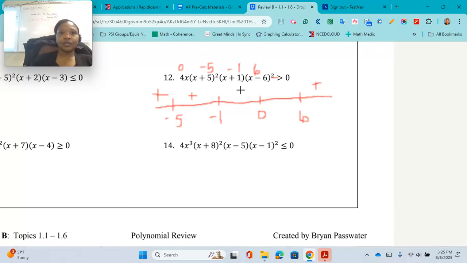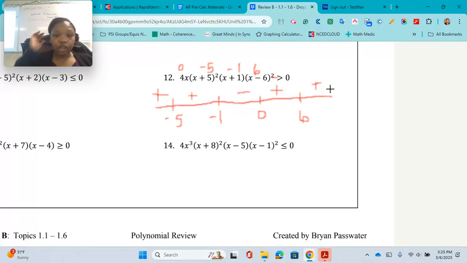So if this is plus, this would be, it went through. 0, multiplicity. So if this is negative, this would be, and the 6, multiplicity, and it does what? So plus.